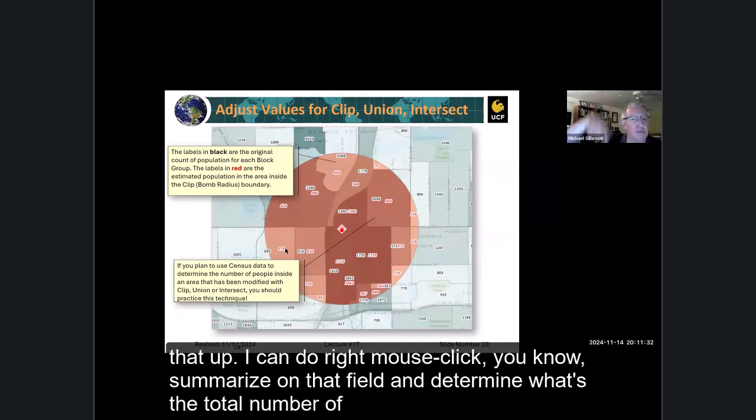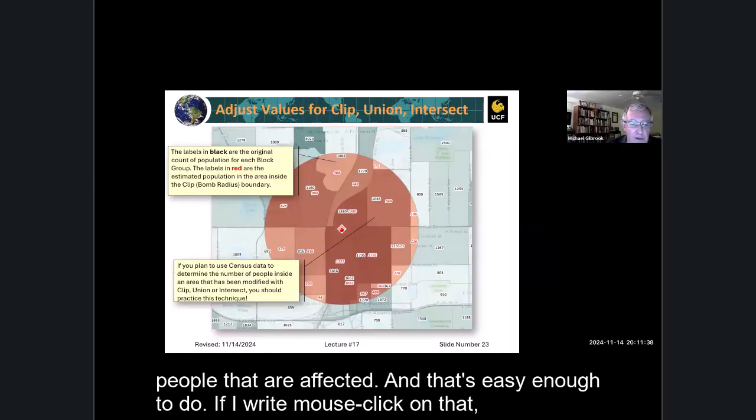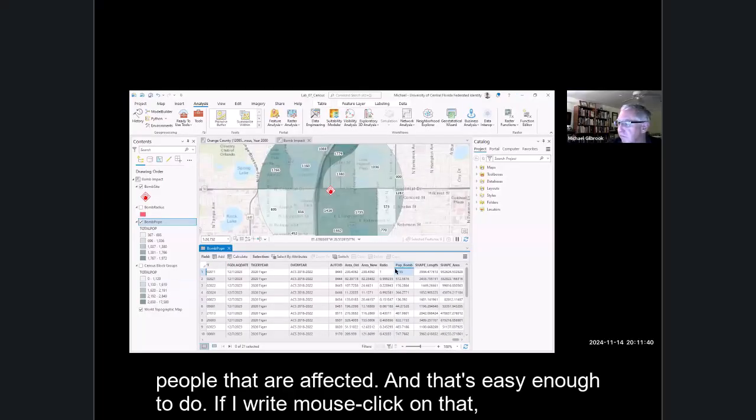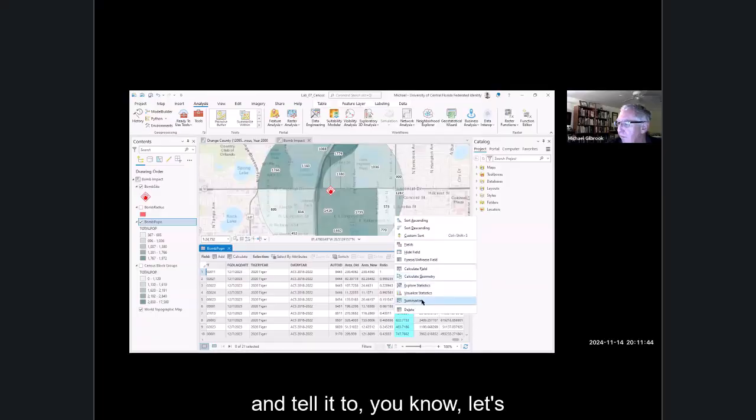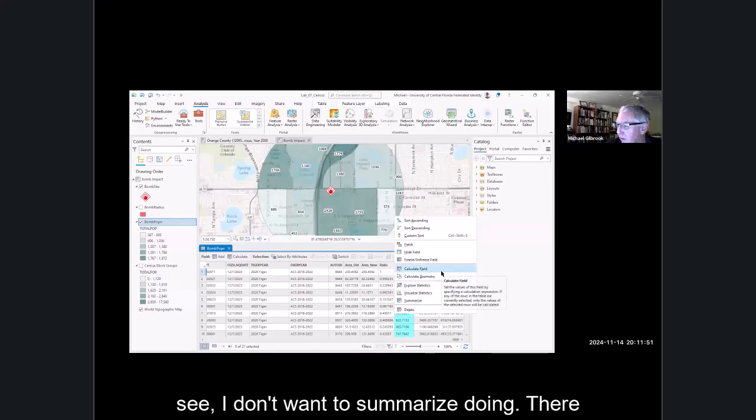I can right mouse click on that field and determine what's the total number of people that are affected. That's easy enough to do if I right mouse click on that and tell it to, let's see, I don't want to summarize, do I?